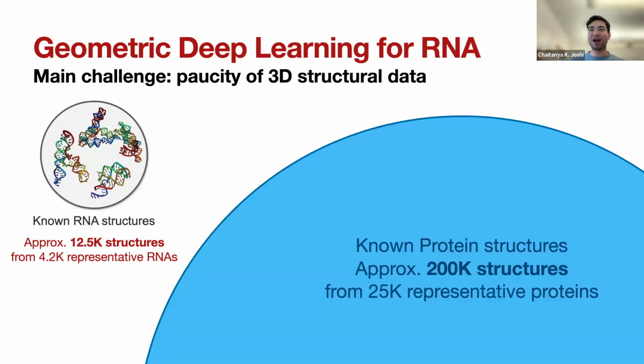But when you compare that to known protein structures, there are around 200,000 of them from 25,000 representatives. So an order of magnitude difference. And this is reflected in far fewer machine learning people working on RNA, and nobody has bothered to process this data well and think about this problem deeply.